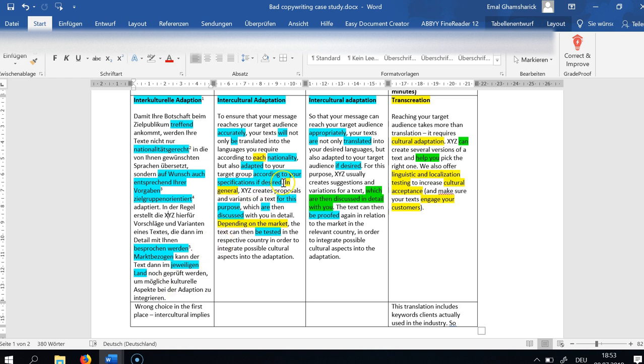And in most translators, look at this, the machine translation: XYZ creates proposals and variants of a text for this purpose, which are then discussed with you in detail. They introduce this invisible agent. And the human translation of the website does the same thing, which are then discussed in detail with you, right? So you have two agents here.